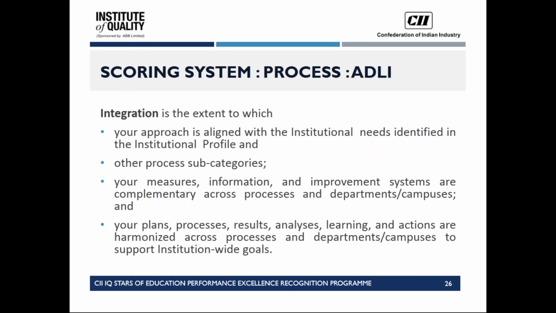Integration is the extent to which the approach is aligned with institutional needs identified in the institutional profile and other process subcategories, and the measures, information and improvement systems that are complementary across processes and departments or campuses, and also the plans, processes, results, analysis, learning, and actions that are harmonized across processes and departments or campuses to support institutional-wide goals.